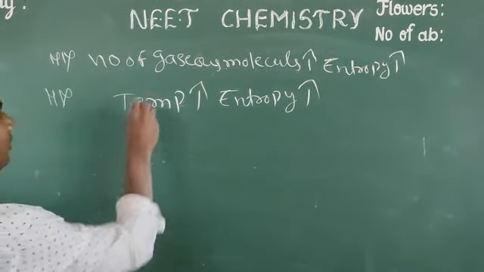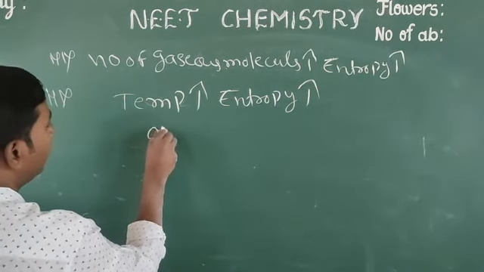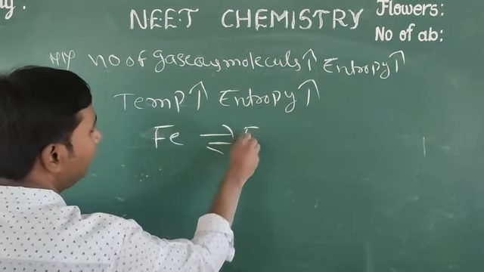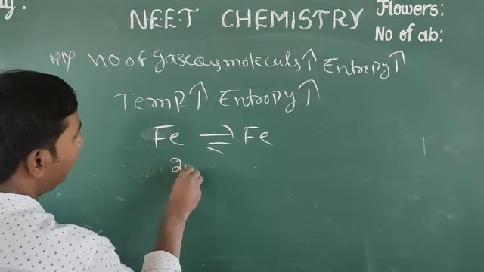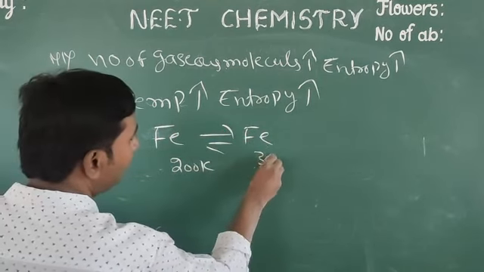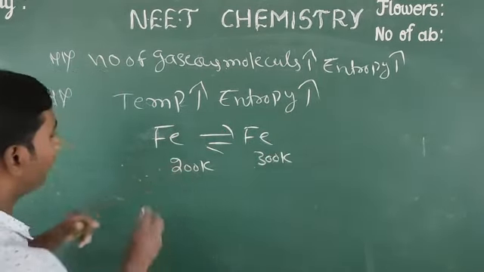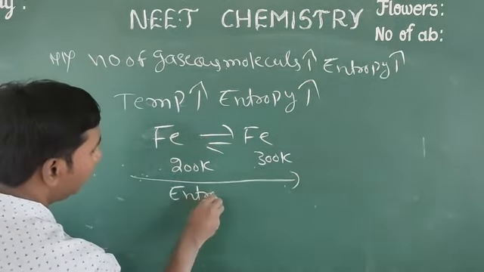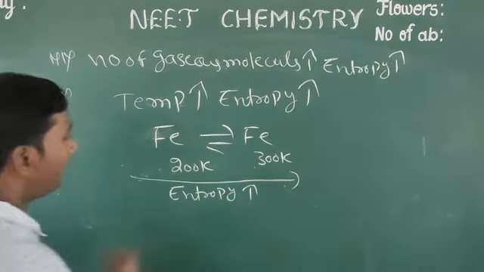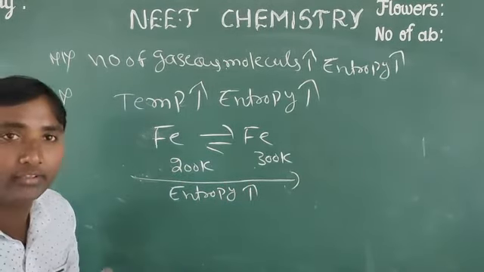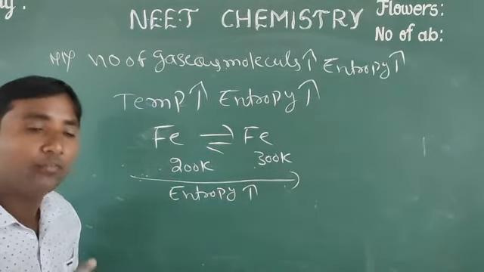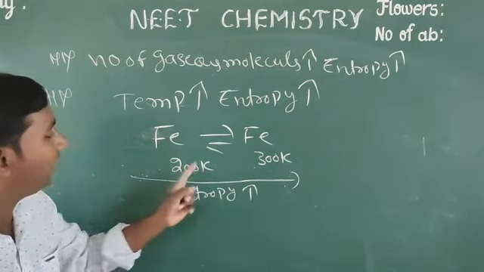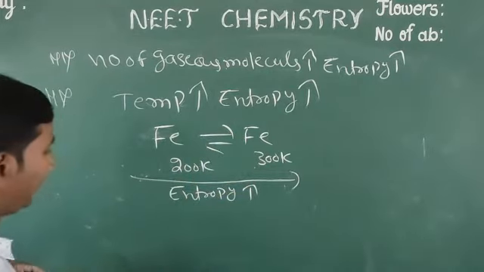For example, take Fe, the same Fe, here at 200 Kelvin, here at 300 Kelvin. So from here to here, entropy increases because temperature increases. Simply remember, whether solids, liquid or gases, whatever it is, if temperature increases, entropy increases.